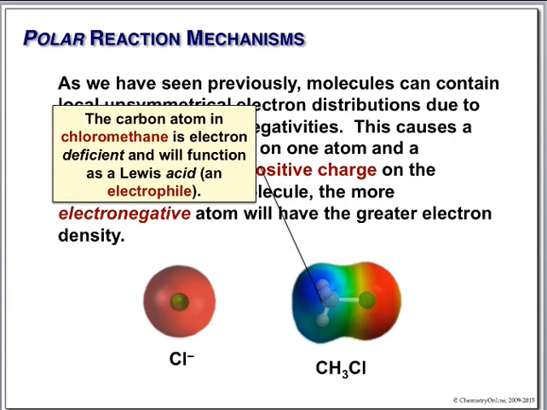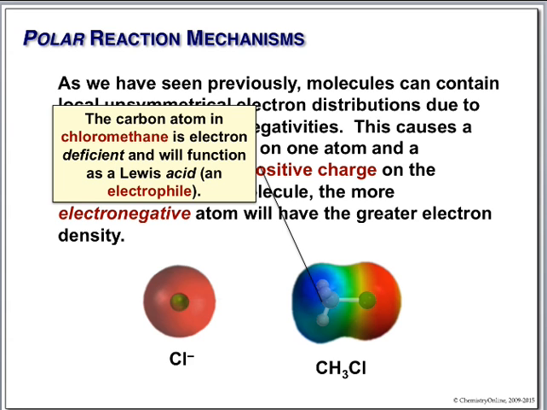This is an electrostatic potential map for chloromethane. If you look at the map, not surprisingly, the chlorine being much more electronegative sucks the electrons down towards itself and leaves the carbon here electron deficient.